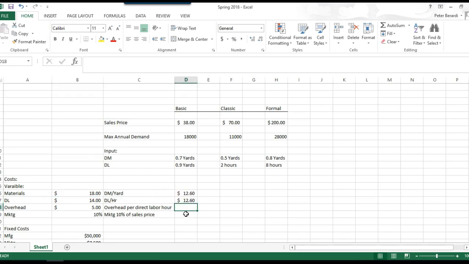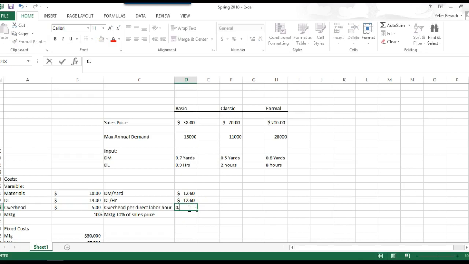Overhead is $5 per direct labor hour. We know we have 0.9 hours, and let me just correct that from yards to hours. It takes 0.9 hours at $5 per direct labor hour.